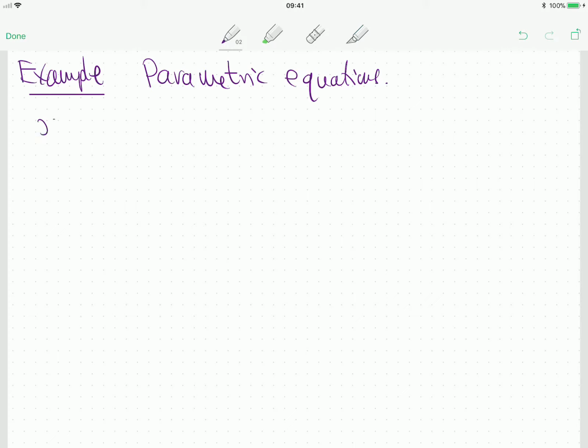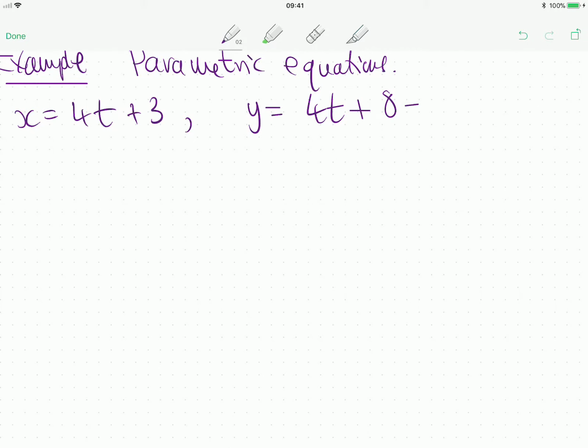Okay, so the example we're going to take a look at: we have x, which is a function of t, is 4t plus 3, and y, which is also a function of t, is 4t plus 8 plus 5 divided by 2t. And our t cannot be 0.